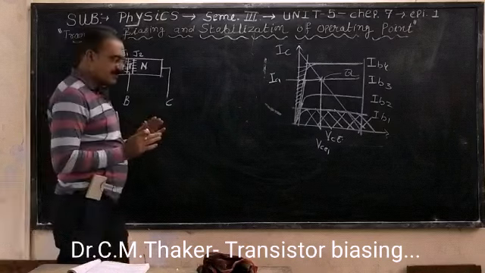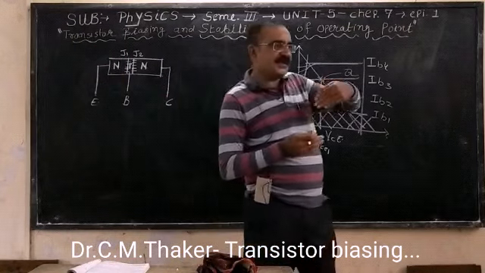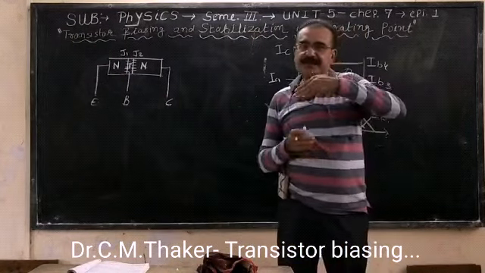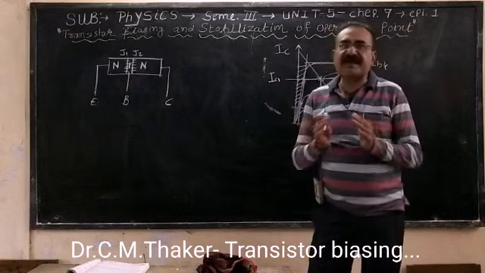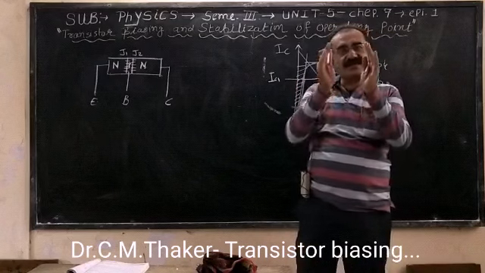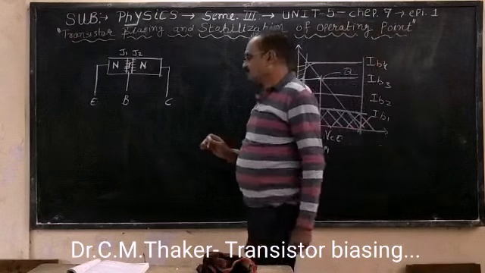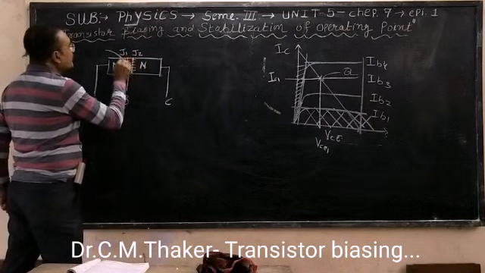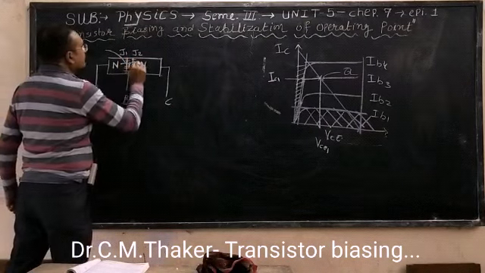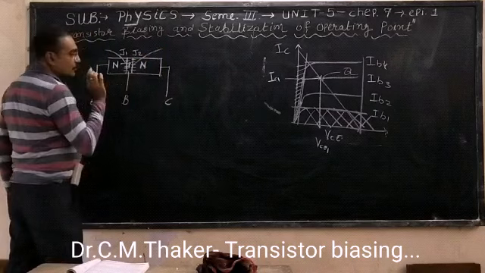Junction means the P and N or N and P layers are diffusing into each other. Once they diffuse and there is a junction, then there is resistivity. So here is a resistive path, and here also a resistive path.